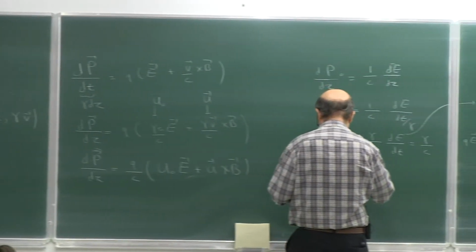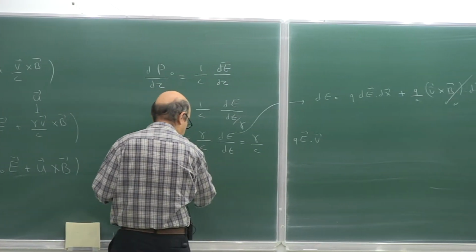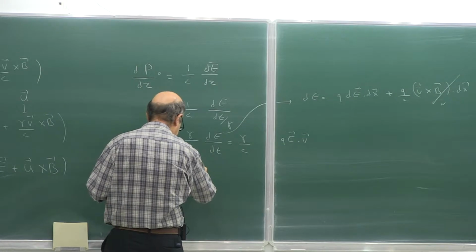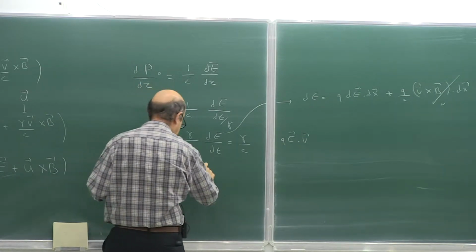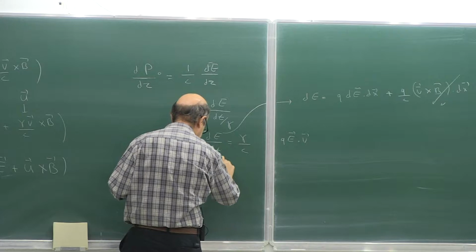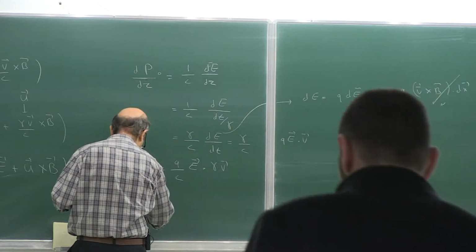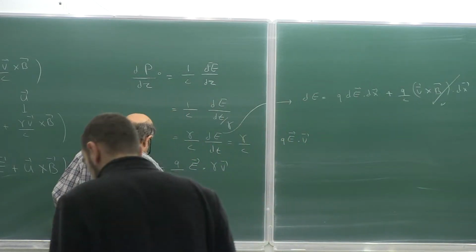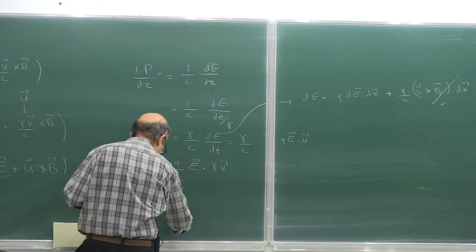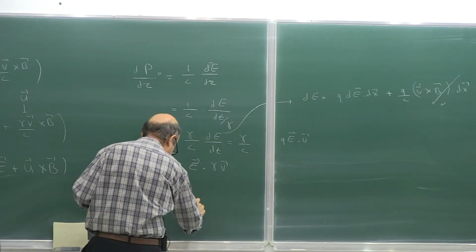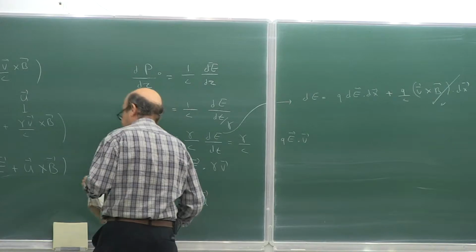So that is nothing but Q over C electric field dot gamma V, that is equal to Q over C E dot U.